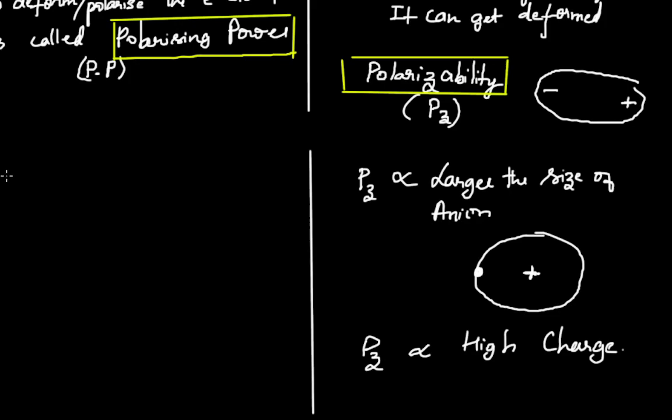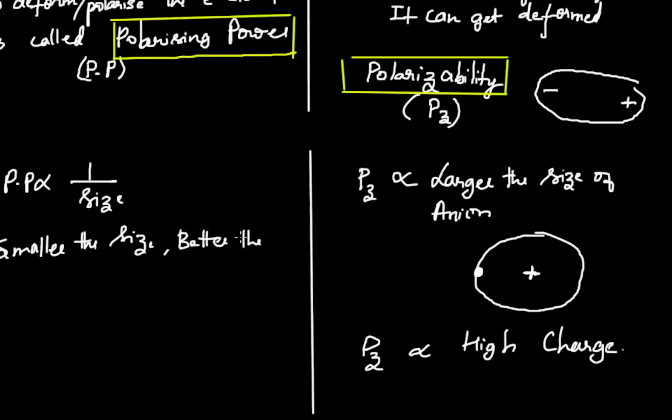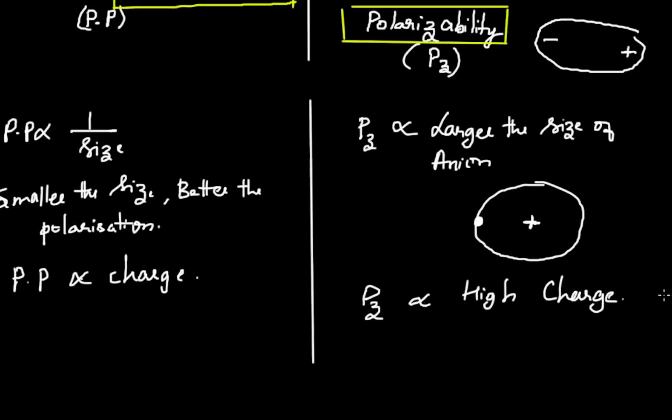Coming to polarizing power, it is inversely proportional to size, which means the smaller the size, the better the polarizing power. Polarizing power is also directly proportional to the charge. Now apply this to lanthanides. Take a few minutes and apply this to lanthanides.